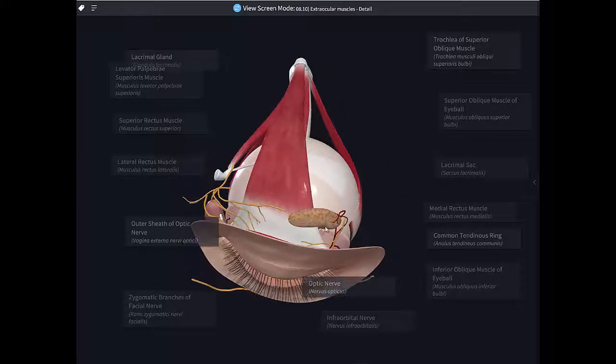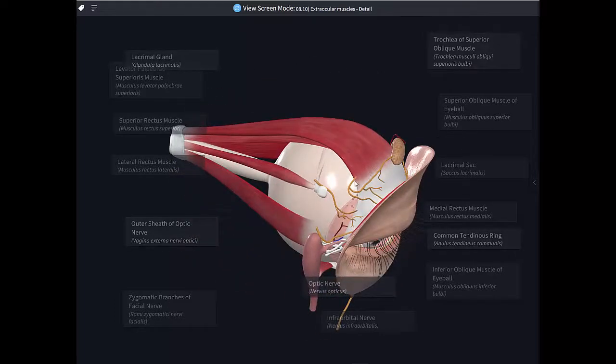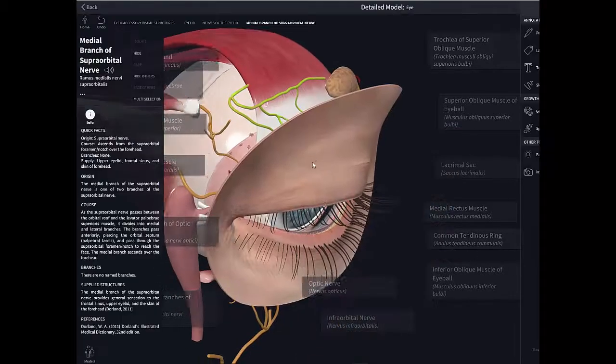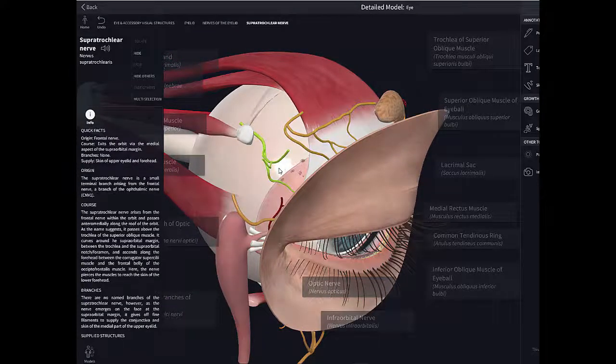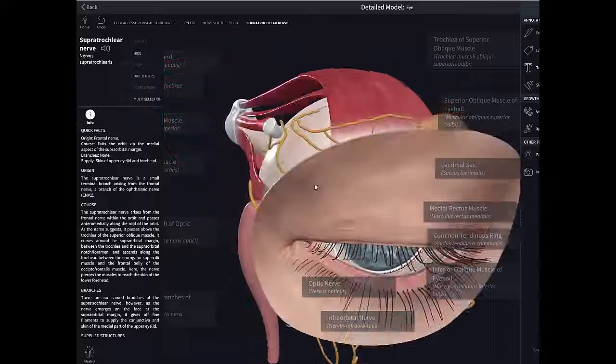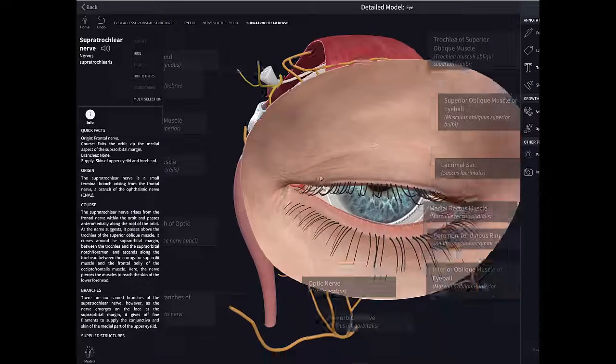Turning over here, we can see the lacrimal gland, and we can see a couple of nerve fibers here. This nerve here is going to be your supraorbital nerve, or actually a part of your supraorbital nerve. It's just the medial branch of it. And here's the supratrochlear nerve. So you can see that the supratrochlear nerve will actually be medial to the supraorbital nerve.